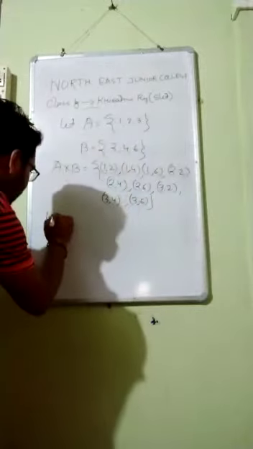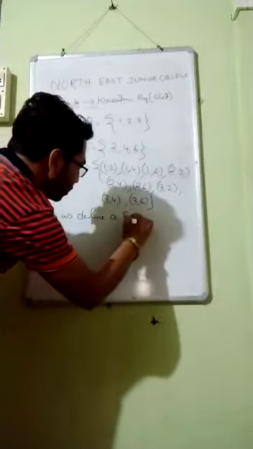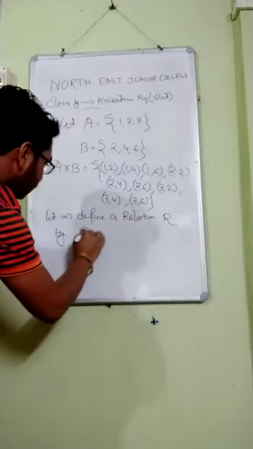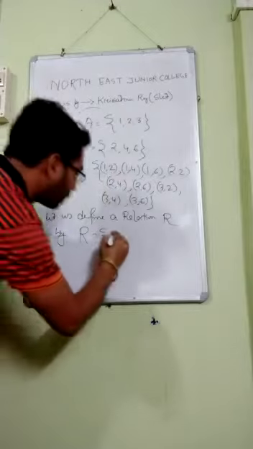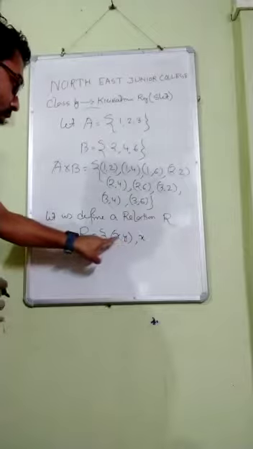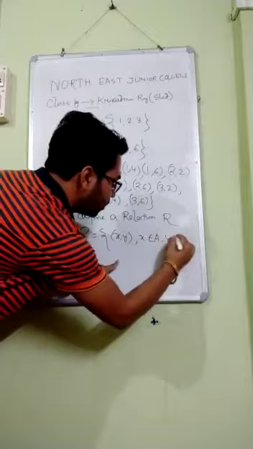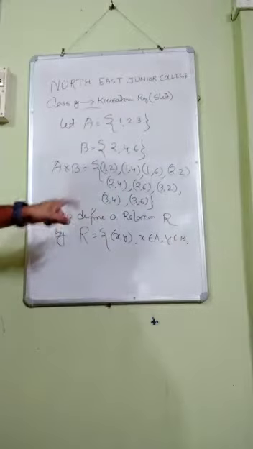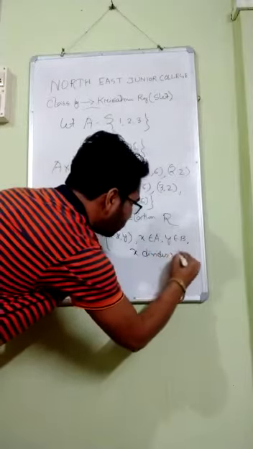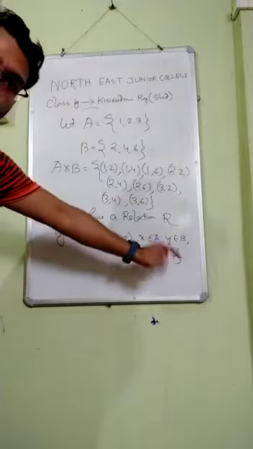Now let us define a relation R by R equal to {(x, y)}, ordered pairs where the first element belongs to the first set A and the second element belongs to the second set B, and the relation is x divides y.